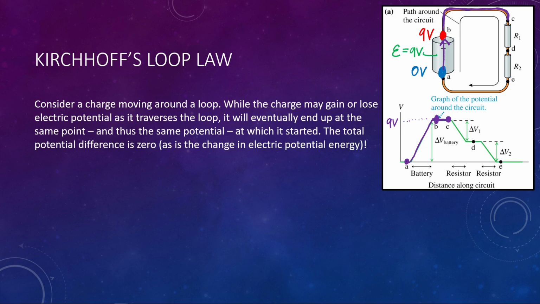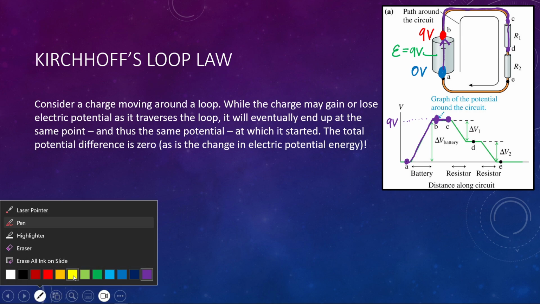Keep in mind what resistors do. Resistors decrease our potential. We call them voltage drops. So as you move through that resistor, it's going to drop your potential. As I move from C to D, we're going to see a decrease in our potential.